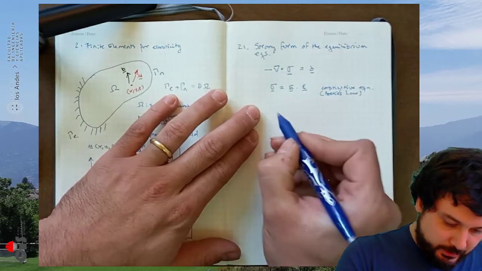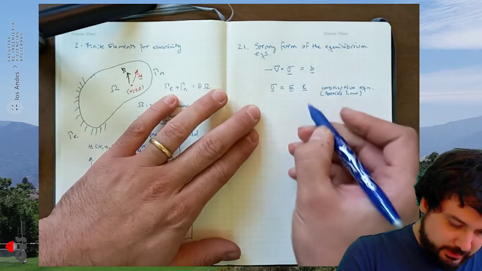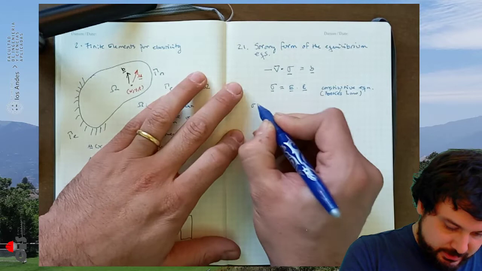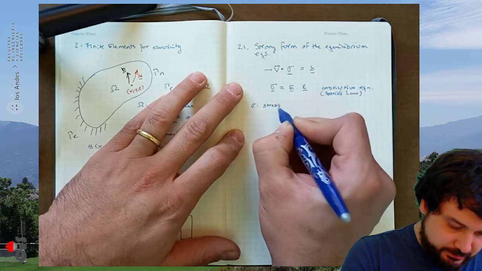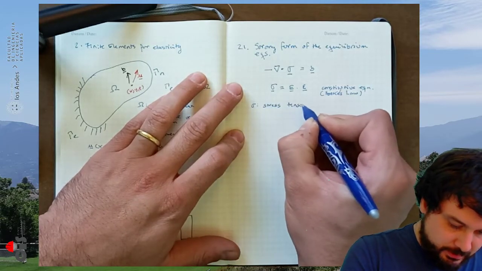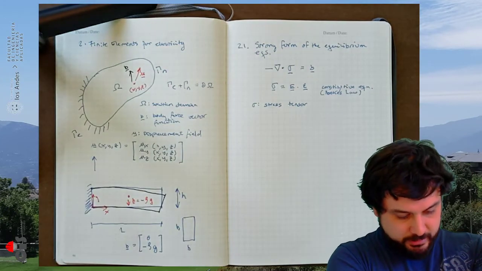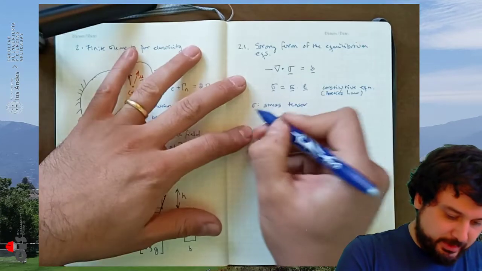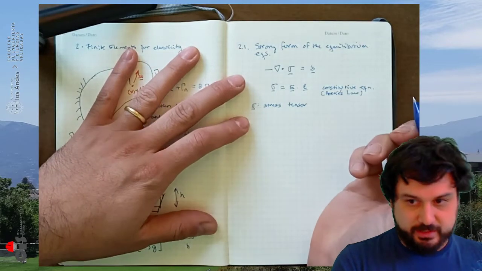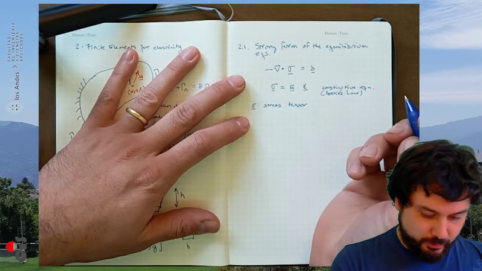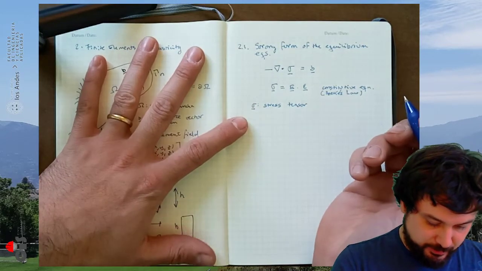And then about this, sigma is the stress tensor. And we're talking small deformations here. So it's the standard stress tensor you see in mechanics of materials. It's not one of those advanced Piola-Kirchhoff or other more advanced formulations.